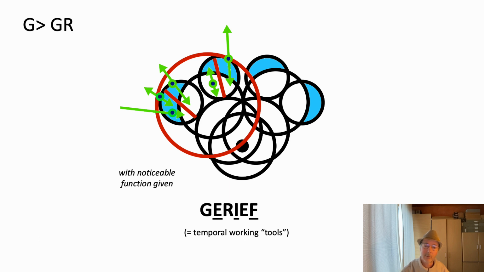GERIEF means tools, not just tools, but tools that you use only occasionally. So they're temporal working tools, and they are here given a noticeable function. They are temporal. One time you need them, or another time you can't. You take them with you, or you don't. You don't take them with you all the time. So it is a very loose connection, and it fits with that word GERIEF.